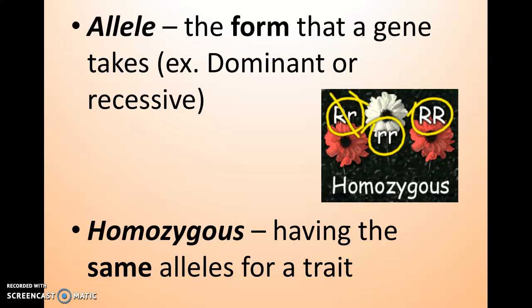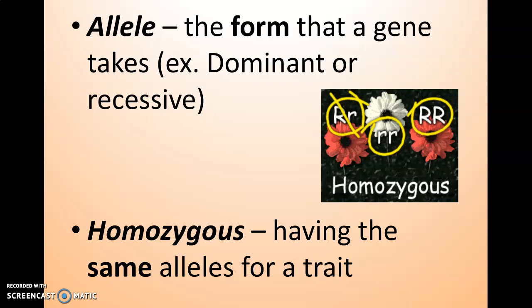Alleles are forms that a gene will take. You can have dominant alleles or you can have recessive alleles. If an organism is homozygous, that means that they have the same alleles for a certain trait. For example, if you look at the picture right there, those little letters represent different alleles or different forms of genes.